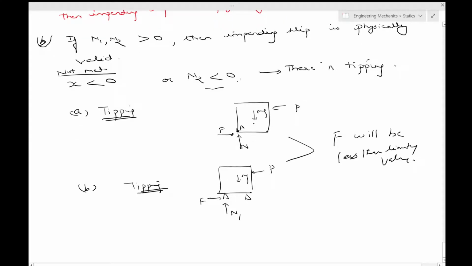Now let's take up impending rolling of a cylinder with contact at two or more surfaces.